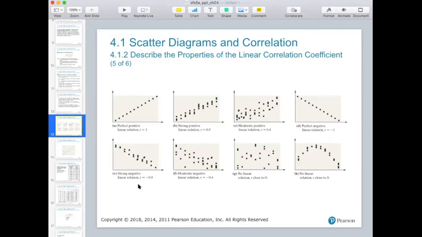The slope of the line that goes through that would be decreasing, would be a negative slope. But it's a strong relationship. So it's close to -1.